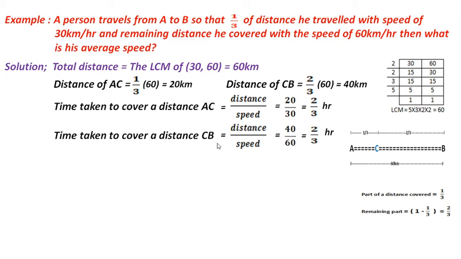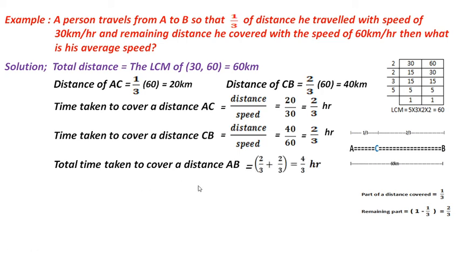So the time taken to cover the distance AC is 2 by 3 hours, and the time taken to cover the distance CB is also 2 by 3 hours. Then the total time taken to cover the distance AB is 2 by 3 plus 2 by 3, so a total of 4 by 3 hours is required to cover the distance AB with the different speeds.